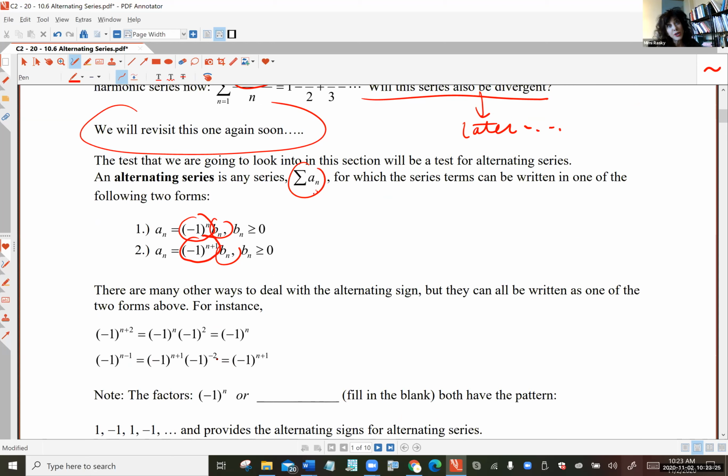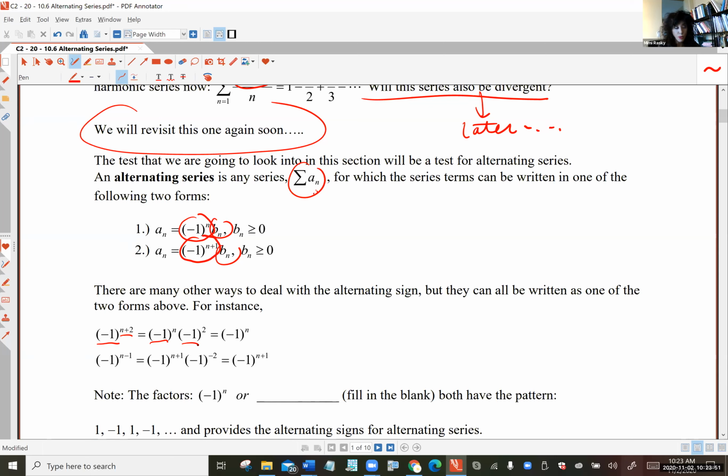Now, there's many ways to deal with this alternating sign. So I need you to know these little weird exponent law tricks, because when we do power series next week, you're going to have to play around with this. So let's just do some fun and play with exponent laws. What if you had -1 raised to the n plus 2 power? Well, that can be rewritten as -1 to the nth times -1 to the squared.